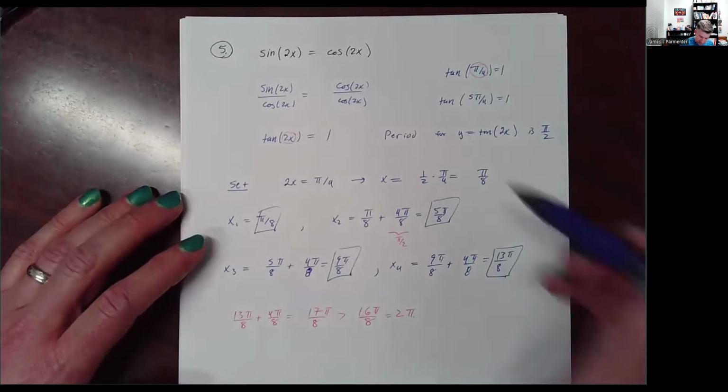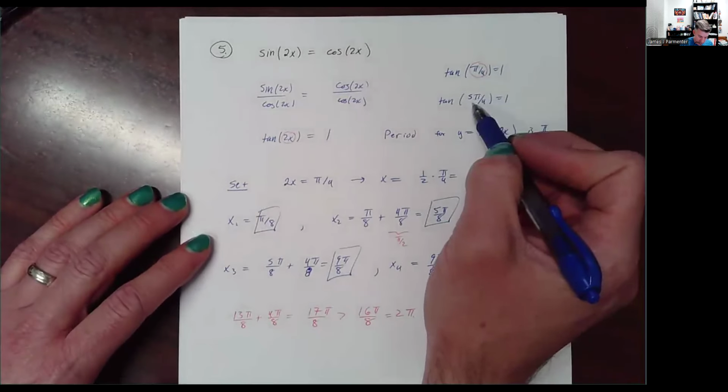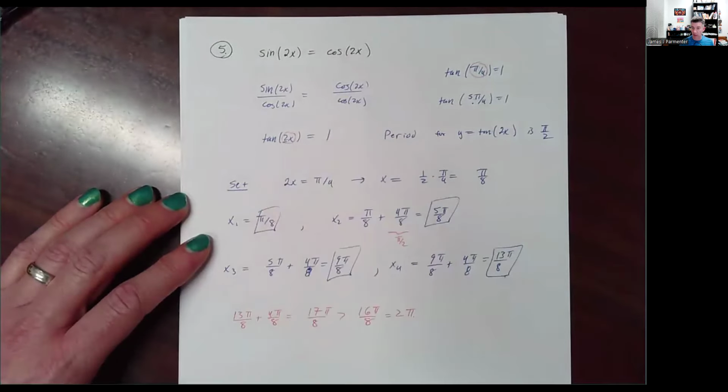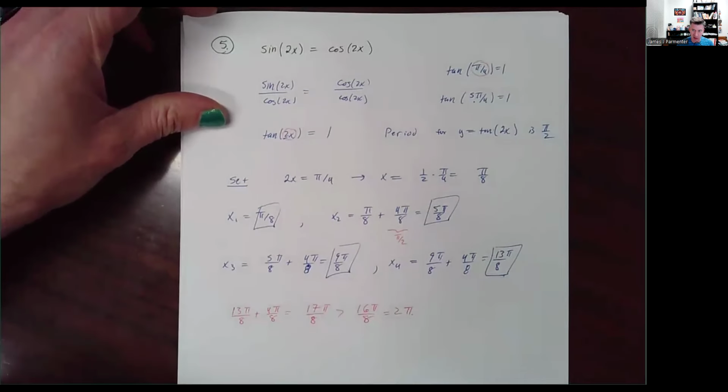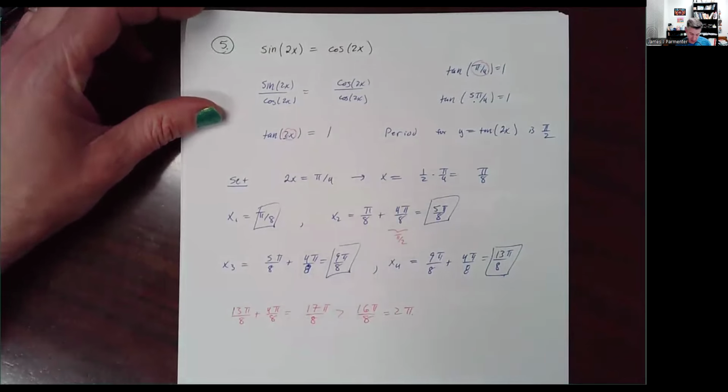So I do like thinking about how the fact that there's two answers to the original question, and then I'm multiplying by 2 to get 4 answers total. Yeah, tangent's weird. I know I've said this like 5 times. Tangent is weird. Tangent's a little weird.